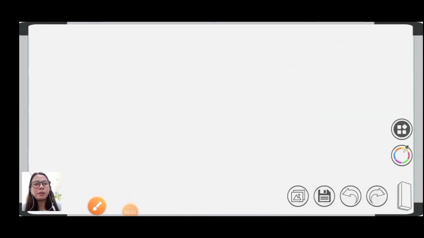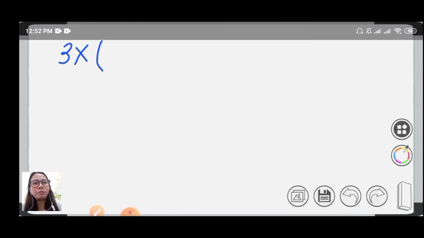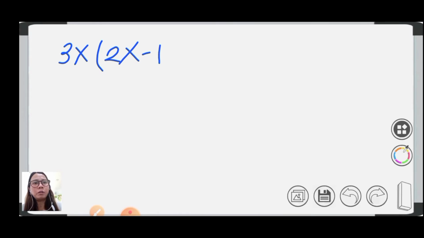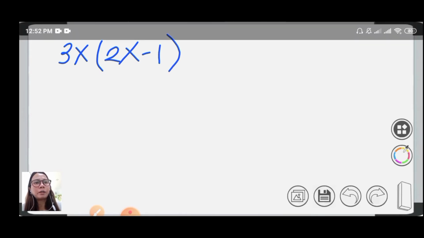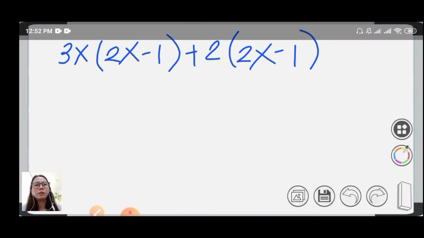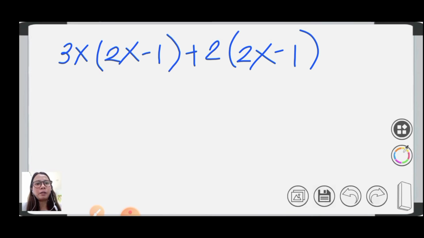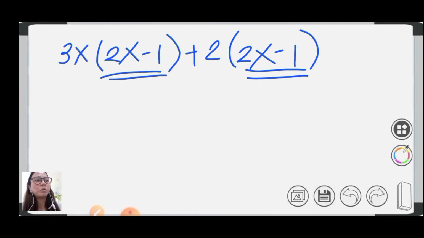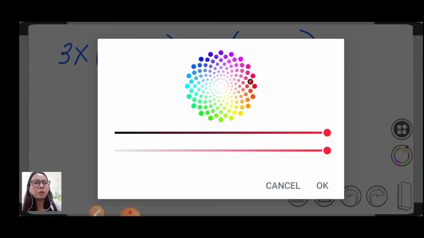Okay, so let us continue. So we have 3x times the quantity of 2x minus 1 plus 2 times 2x minus 1. By applying the operations, we have to take this as 1. Just copy this. Then we're going to get 3x plus 2.